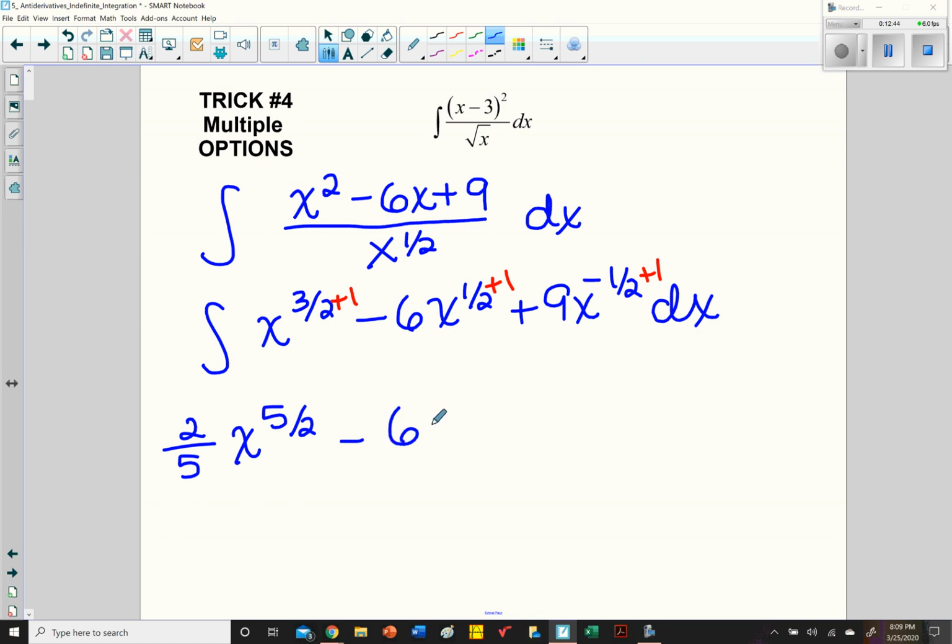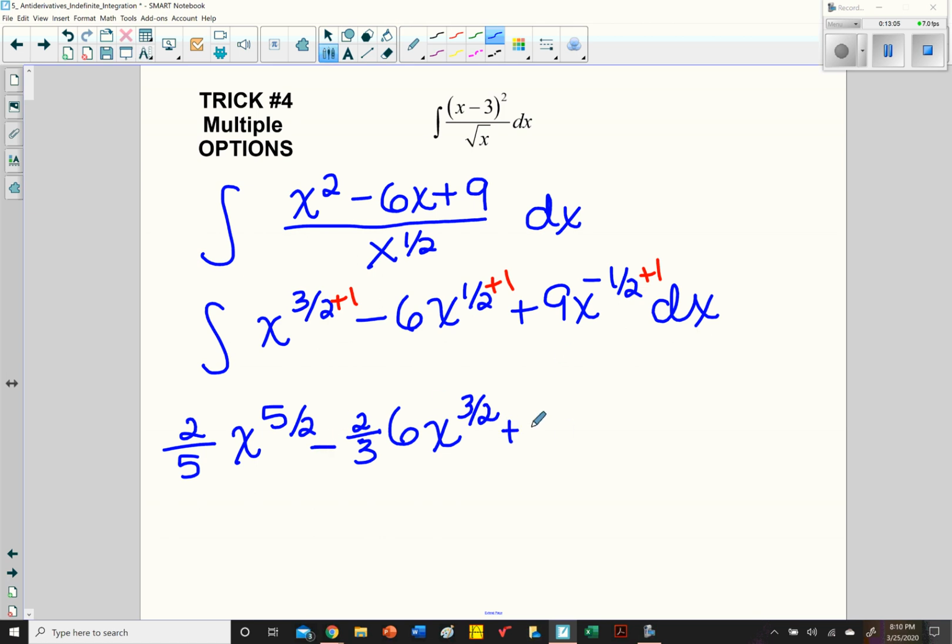Then 6x to the 1/2, add 1 to get x to the 3 halves, but we want to multiply by 2 thirds or divide by 3 halves. So I'm going to choose multiply by 2 thirds as my option here. And we need a little bit better subtraction sign.